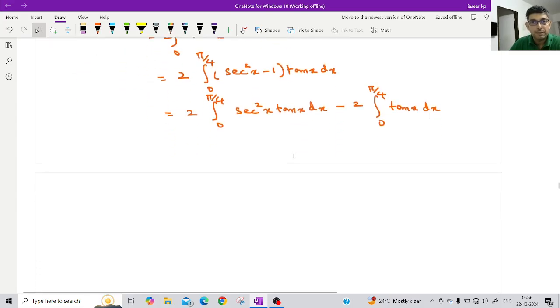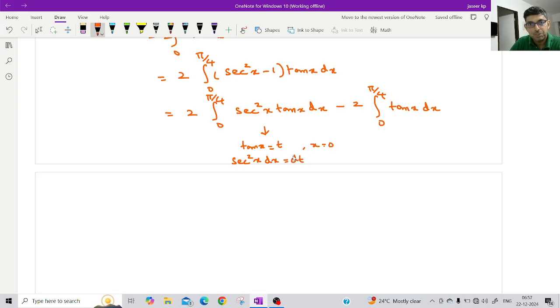Now the first one can be done with substitution. If you take tan x as t, tan x equals t, then secant square x dx will become dt, and also the limits: x equals 0 means t equals 0, x equals pi by 4, t equals 1.